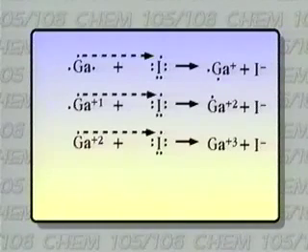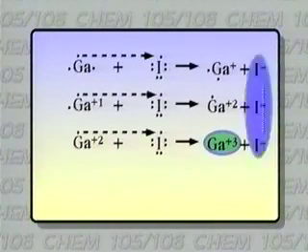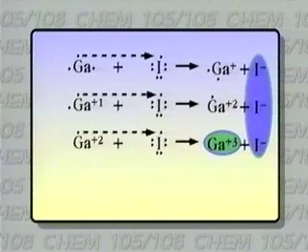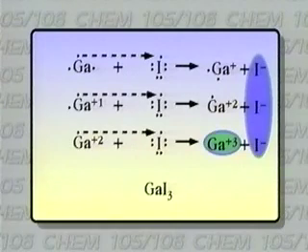So when we get all done, this is what we have as the final, and so we can see that what we're going to end up with is GaI3. The way that gallium and iodine combine is that one gallium reacts with 3 iodines.